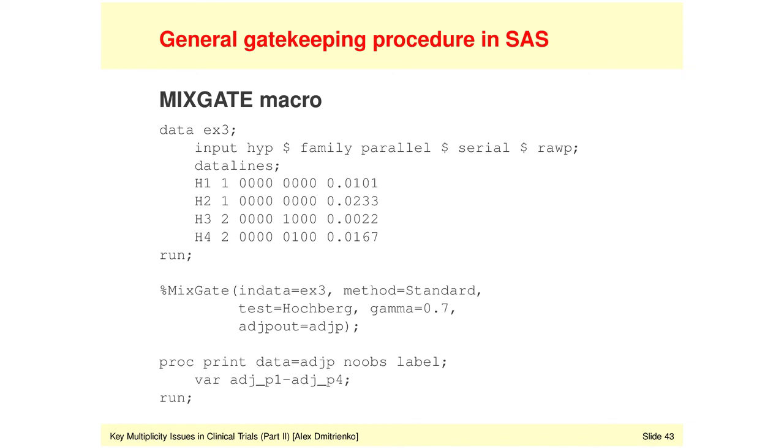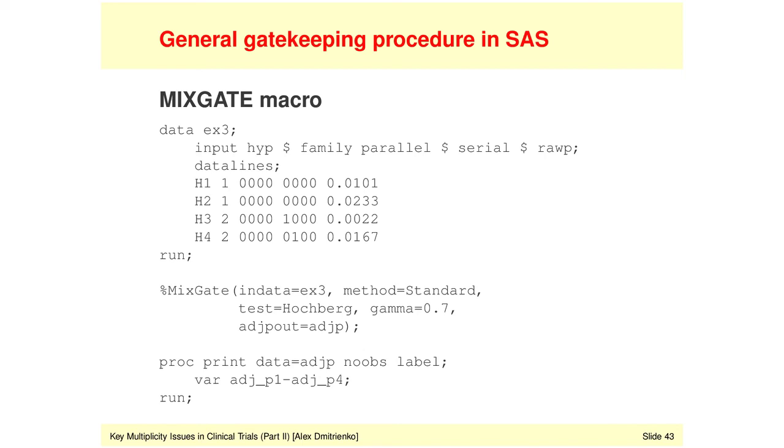And the last variable in this data set simply defines the one-sided p-value for each individual hypothesis. We're now ready to pass this data set to the mixed gate macro. That is the first argument of the macro. The second argument is the mixture method.